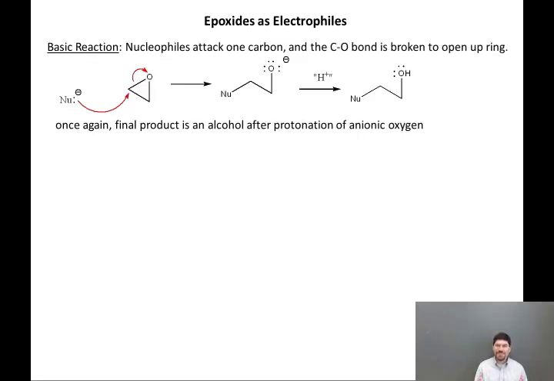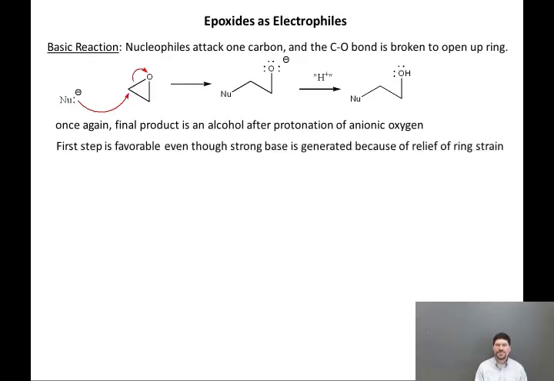So that is an important guide as to whether you would want to use a carbonyl addition or an epoxide ring opening as your reaction of choice for making an alcohol. Okay, once again, the first step is favorable even though strong base is generated because of the relief of ring strain.